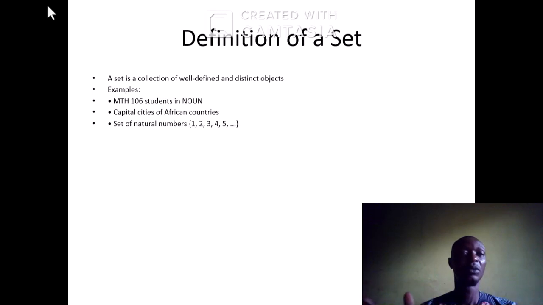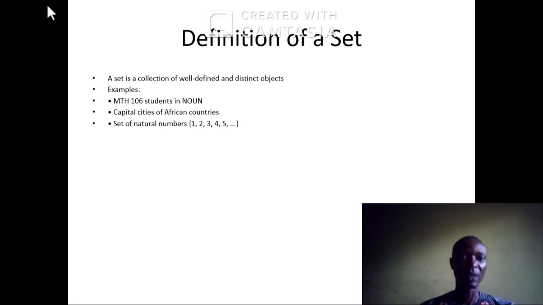Take for example the set of MTH 106 students in the National Open University of Nigeria for the 2025-2026 session, you cannot mix it with any other person. They are very distinct. A set of human beings on earth, very distinct. A set of electronic gadgets in a particular room. All these things are very distinct.